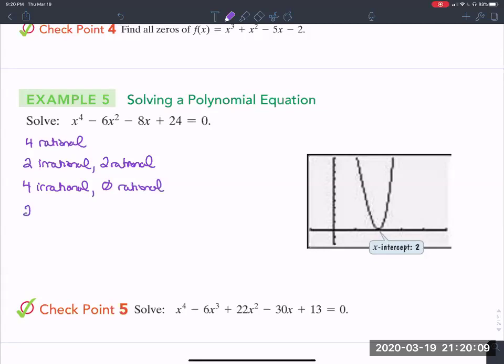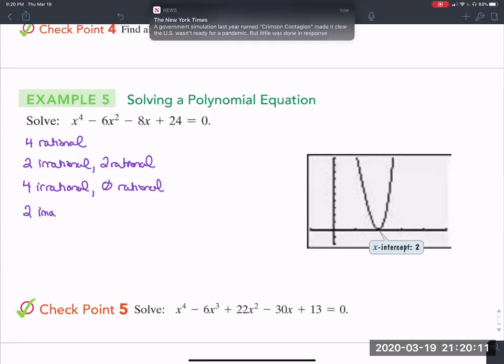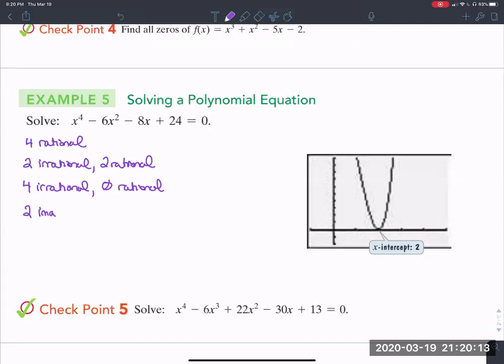We can have 2 imaginary and 2 rational solutions. We can have 4 imaginary solutions and no rational. Remember, imaginary and irrational come in pairs.